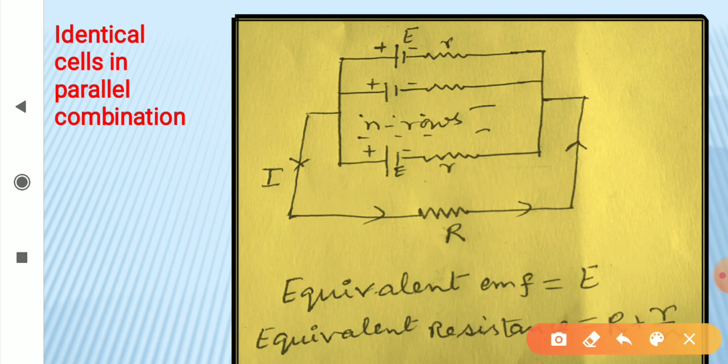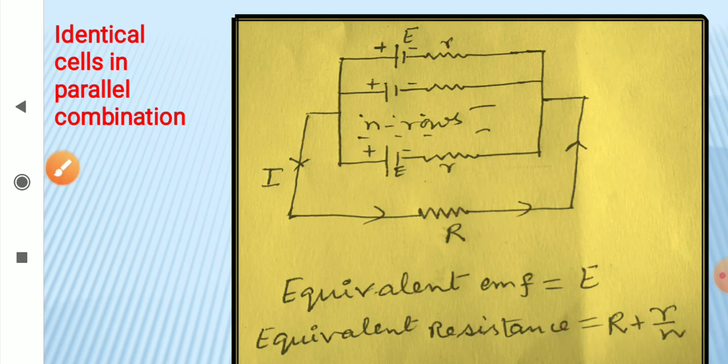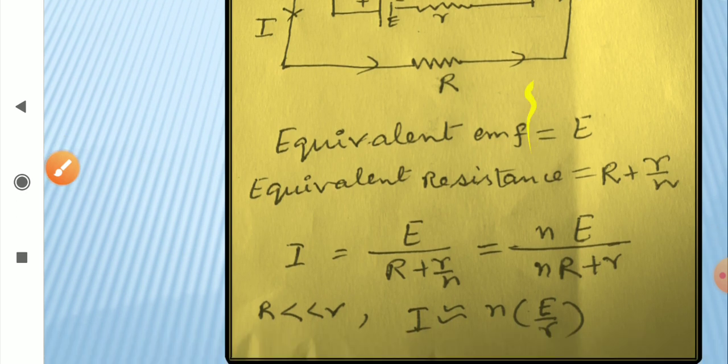But for the net internal resistance, if we consider it, all the small r's are connected in parallel and there are n rows. So the net internal resistance will become r upon n. So the net or equivalent resistance in the circuit will be the external resistance R plus this internal resistance.